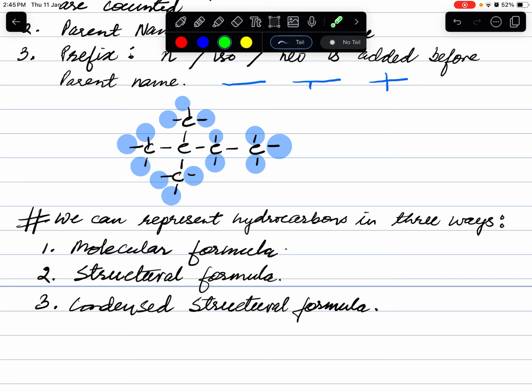So 6 carbon atoms, and the branches are such that there are two branches on the same carbon. Therefore this compound is named neohexane. Why neo? Because there are two branches at the same point. This is the main chain, and this point has a branch, and the same point has another branch. So this is neohexane.